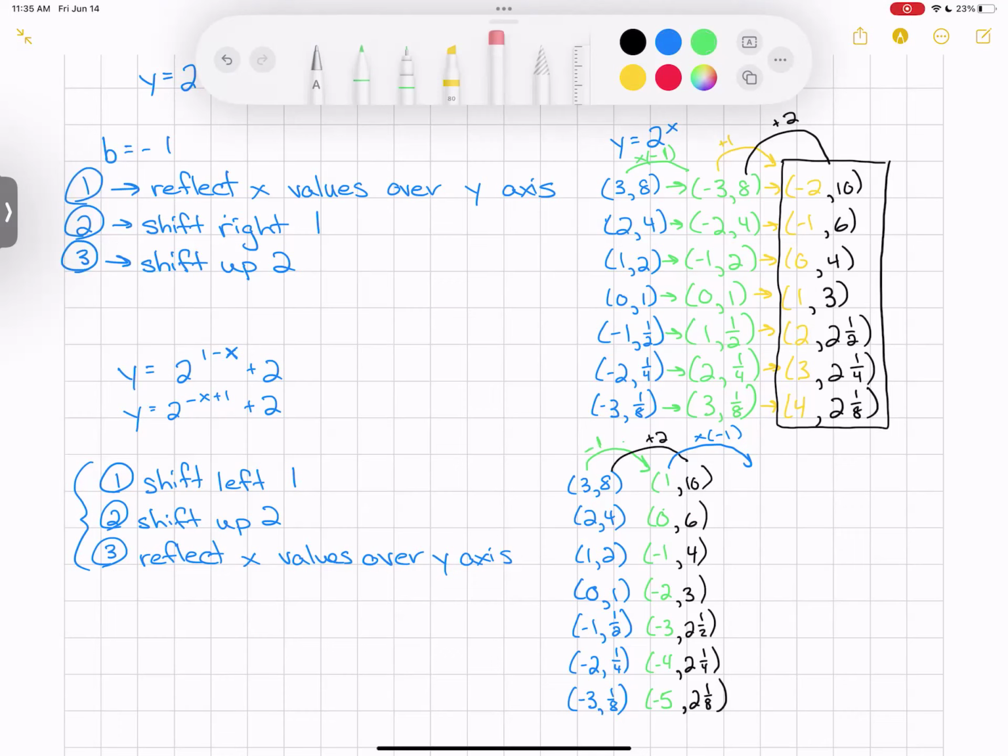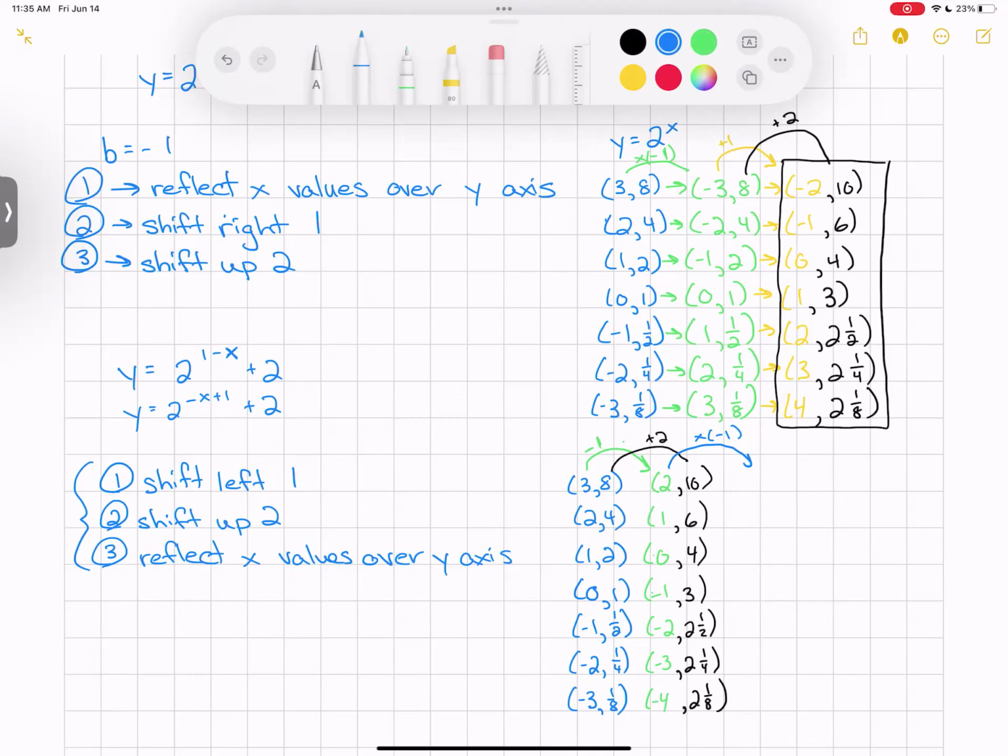So I got all those values wrong. So they go down 1. Okay, now we can multiply.